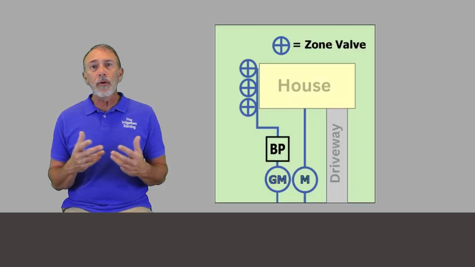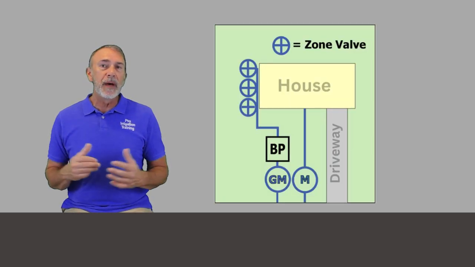So we wouldn't want a full sun area being watered in the same manner as the side of the house, which may need just a few minutes at a time versus say 30 or 40 minutes for the full sun front yard. So it's the microclimates and the flow that make us divide a system up into zones.